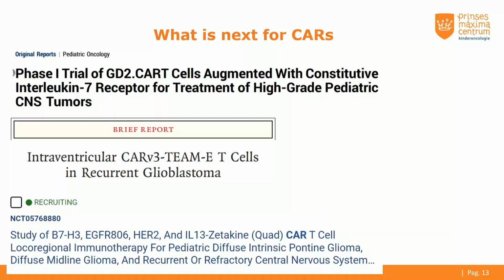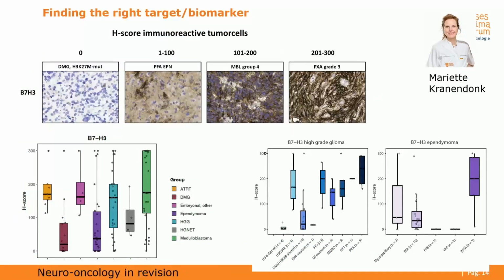But obviously, it's very important that if we're aiming for a target, it should be there. So I think we should actively evaluate our targets. For example, B7H3 is a very popular target also for CAR-Ts, especially for embryonal tumors, but also others. And you see these are all different types of tumors, that the expression of B7H3 is very different.